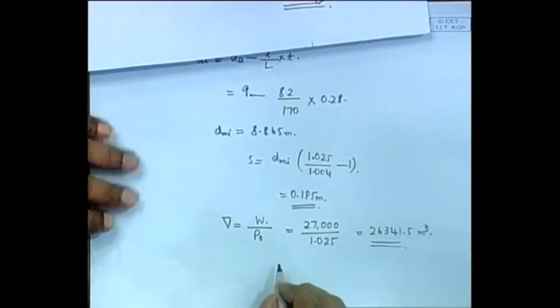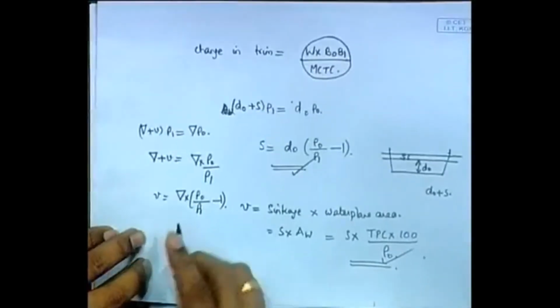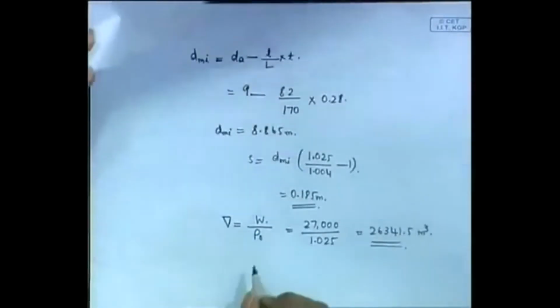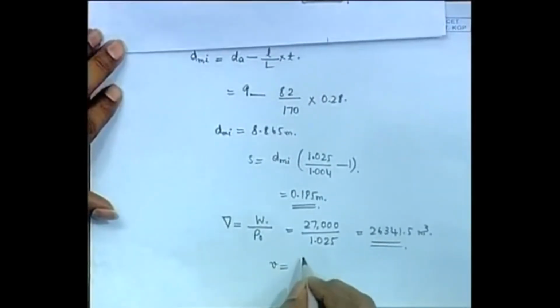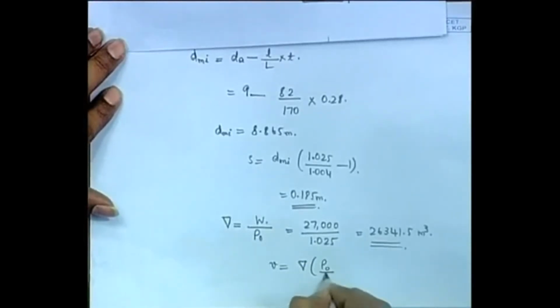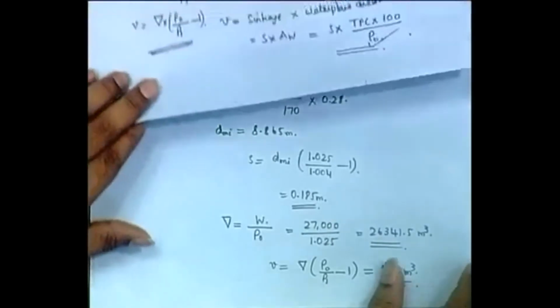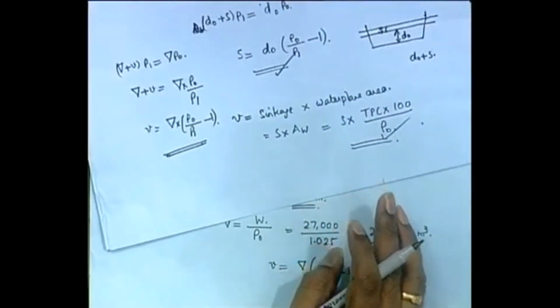Now again, from this formula we can find the increase in volume. So v, the increase in volume, is delta into (rho 0 by rho 1 minus 1). So this much is the increase in volume due to the change in density.